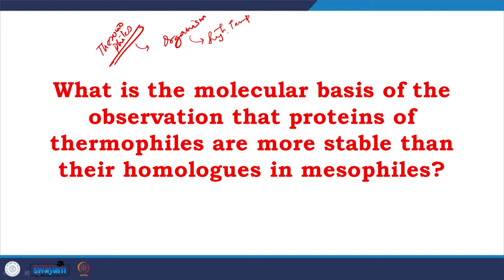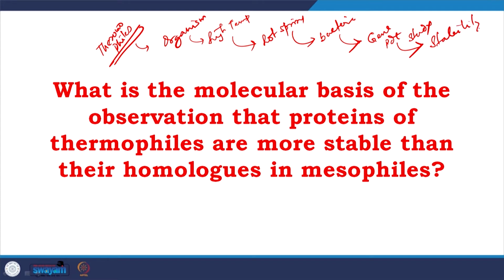For example, if you go to a hot spring and you collect bacteria from there, you will definitely find that a protein, a gene product, I would say, coming from that bacteria, if you study it, would show more stability than the same protein in a bacteria which is staying in normal temperature.